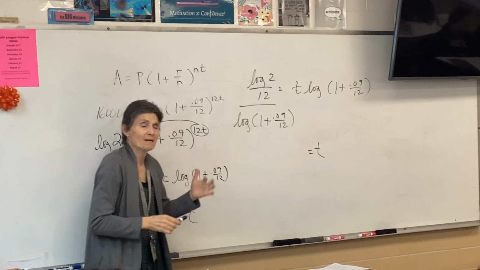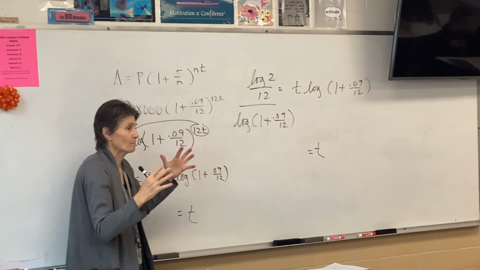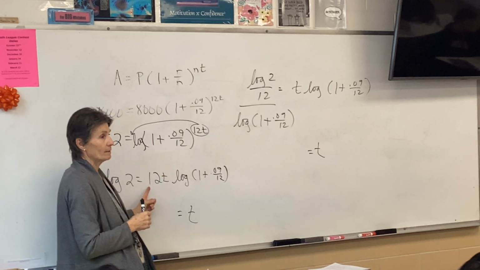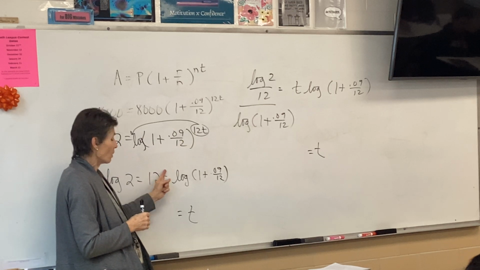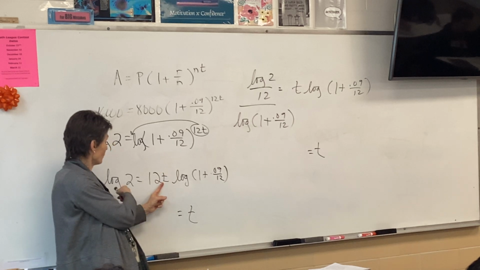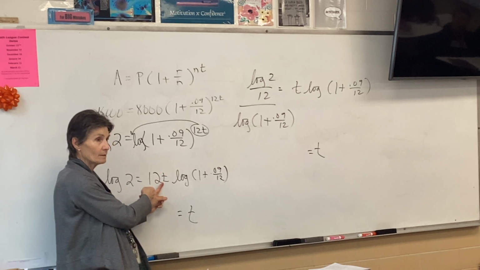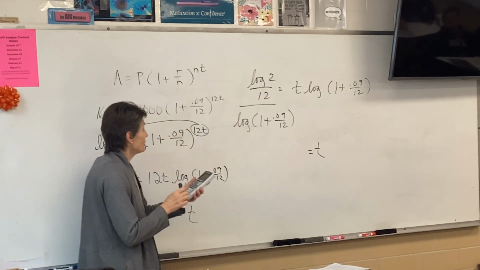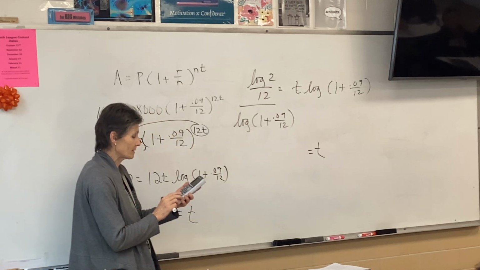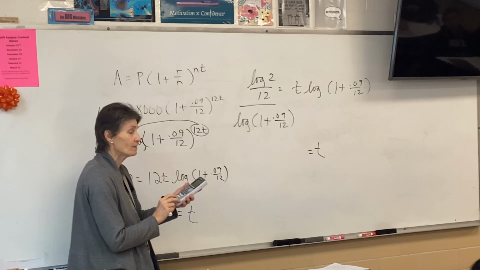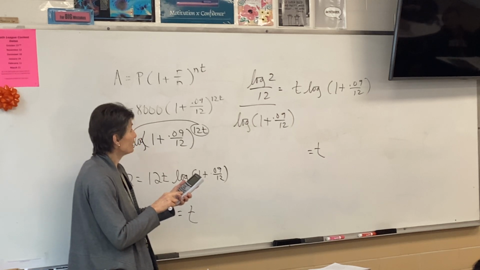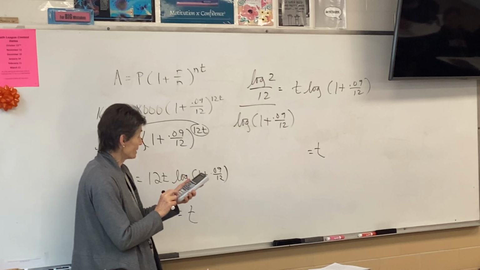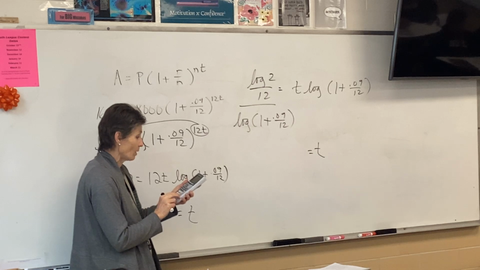Now, I know it looks messy, but I want everybody to look at it and make sure it processed. We took the logarithm of both sides and pulled the power out in front. This is what I want. So I'm going to have to take log 2 and divide it by 12, and then divide it by that, and my calculator will do that. So log 2, close parentheses, divided by 12, and then divided by log 1 plus 0.09 divided by 12.